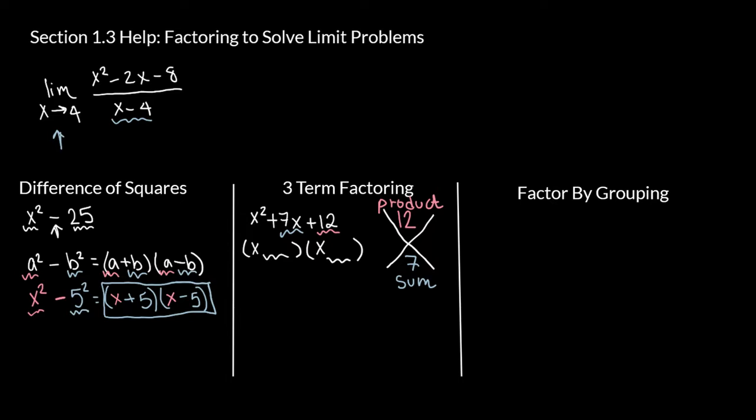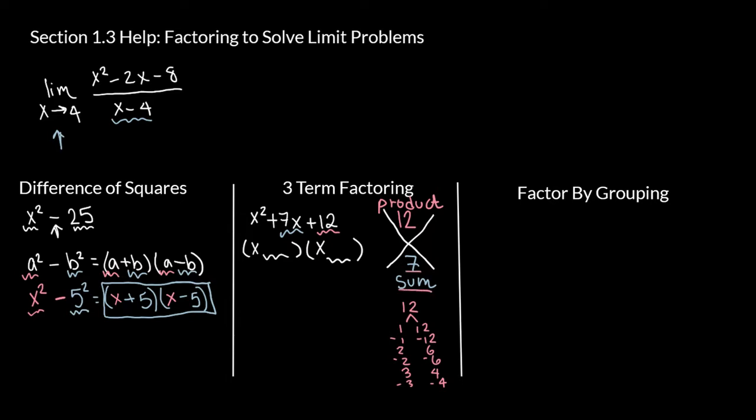You might see the numbers right away, or sometimes it's a good idea to list out the factor pairs that make 12. So 1 and 12, -1 and -12, 2 and 6, -2 and -6, 3 and 4, -3 and -4. And we're looking for the pair that sums to 7.